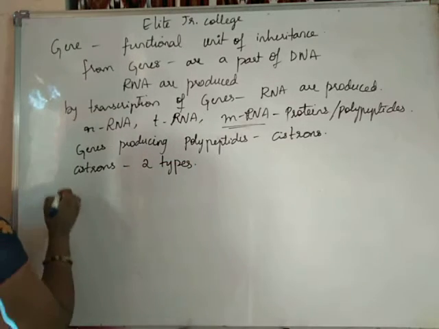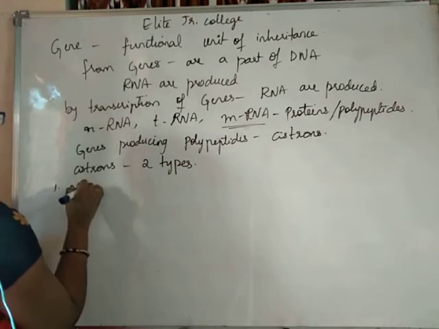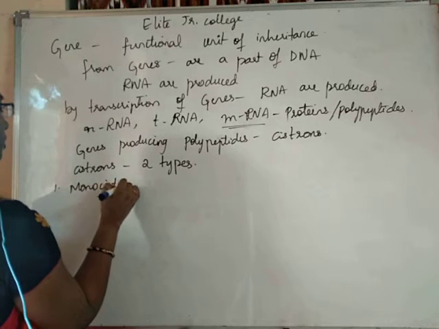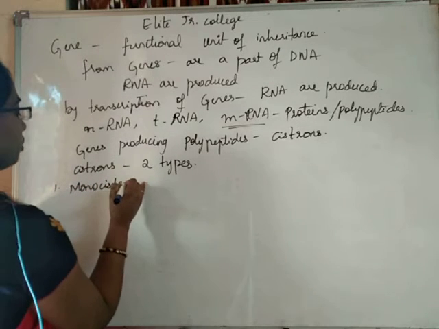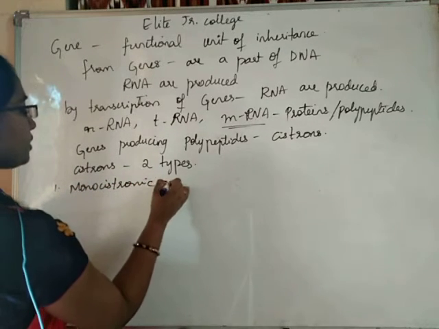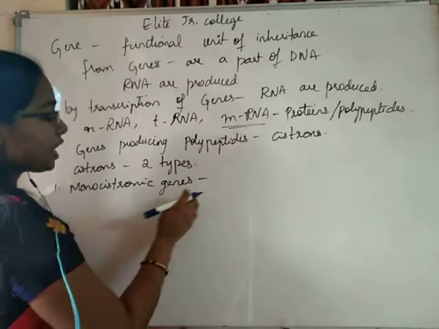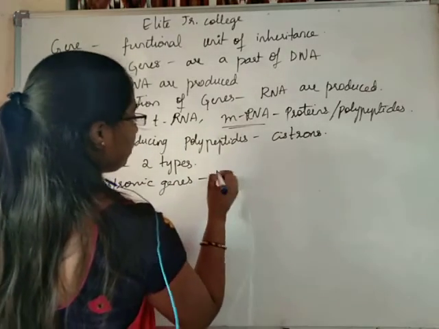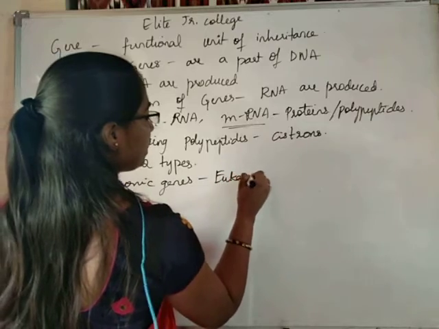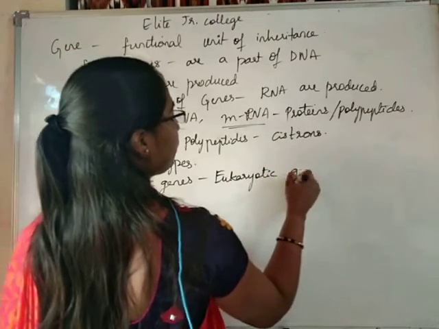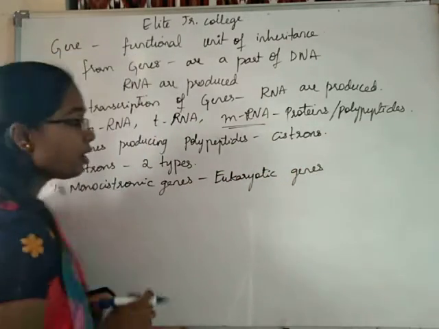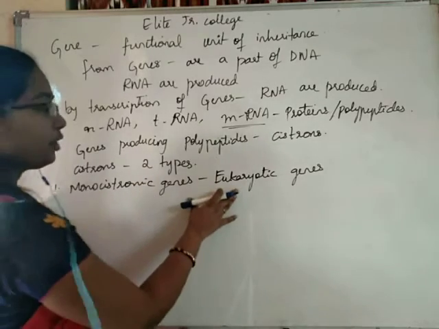They are, the first type, monocistrons. Monocistronic genes are those genes which are generally found in eukaryotes. Monocistronic genes are eukaryotic genes.